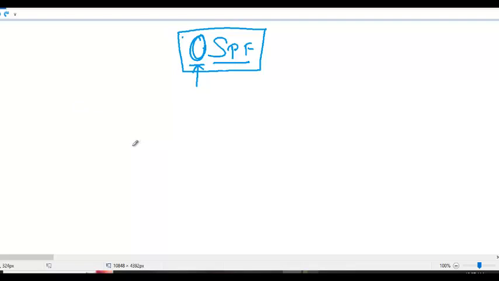Now, when we talk about NBMA, the non-broadcast mode and point to multi-point mode and point to multi-point non-broadcast. So there are 3 types: non-broadcast, point to multi-point, and point to multi-point non-broadcast. These 3 more types, the timers are 30 and 120.